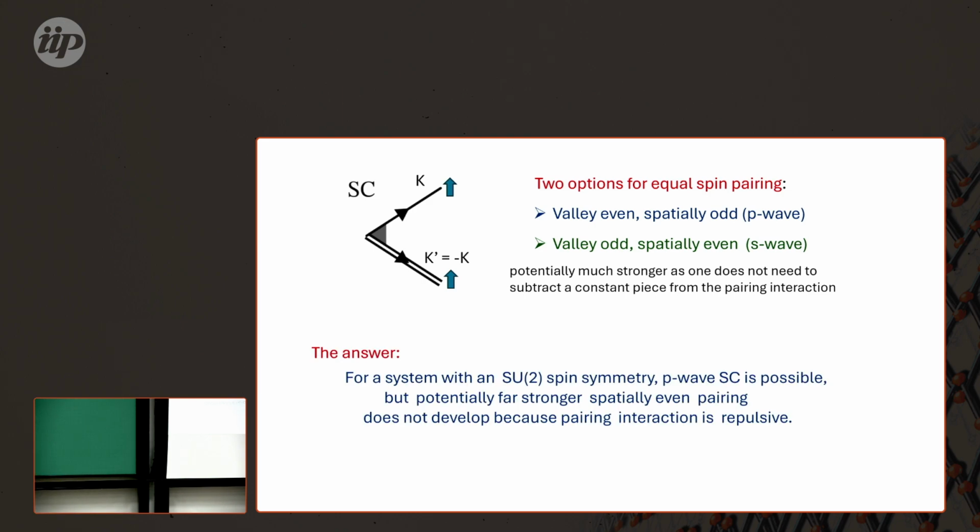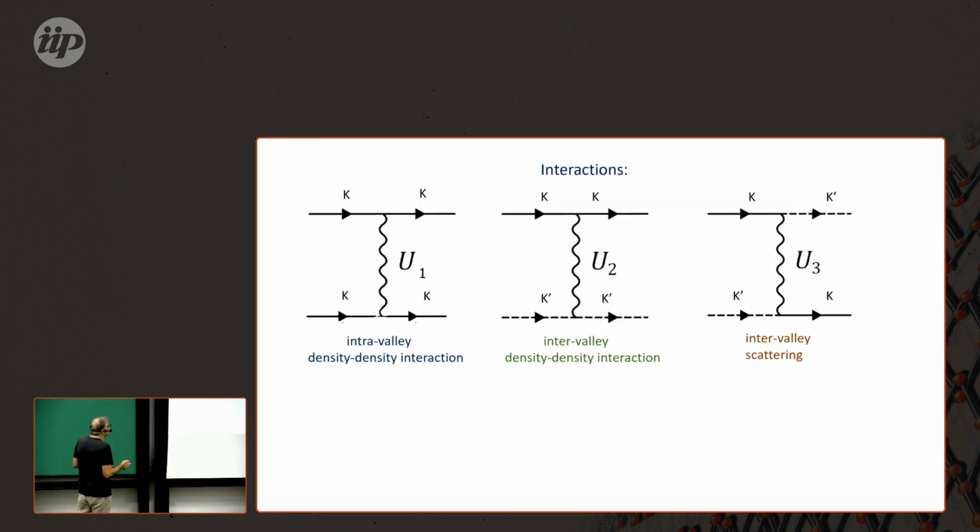And the first answer is negative. There's nothing. And the reason there's nothing, this is what the phrase reads. If you have SU(2) spin symmetry, which means that I have an isotropic ferromagnet, then P wave is of course possible. It has pretty much the same story that I told you before, but the potentially much stronger S wave is impossible because you have repulsive interaction. And the reason you have repulsive interaction is this.